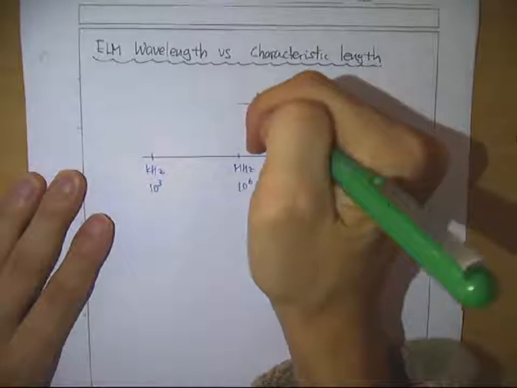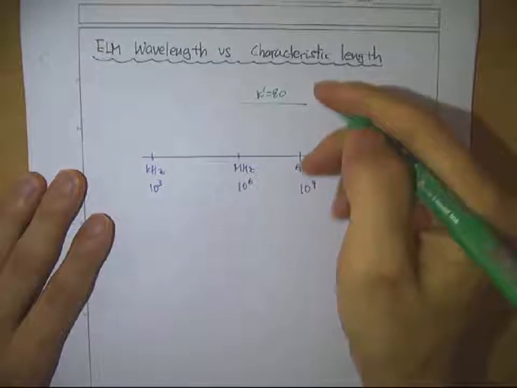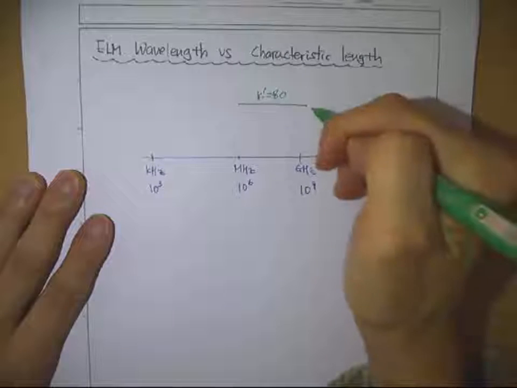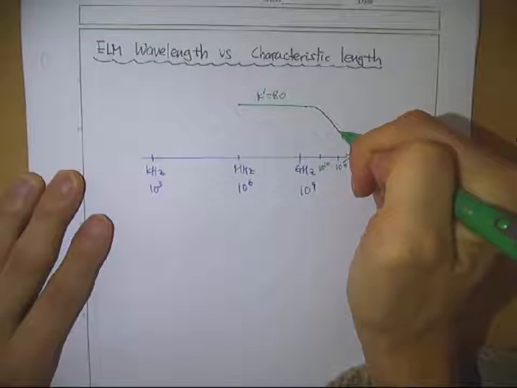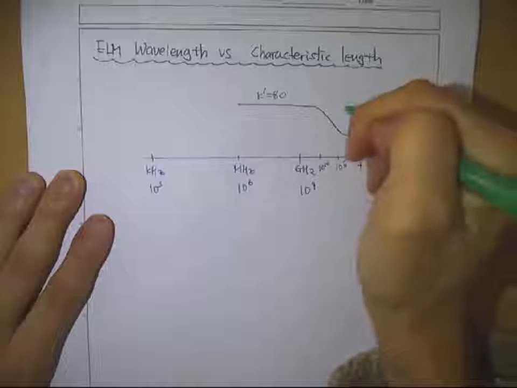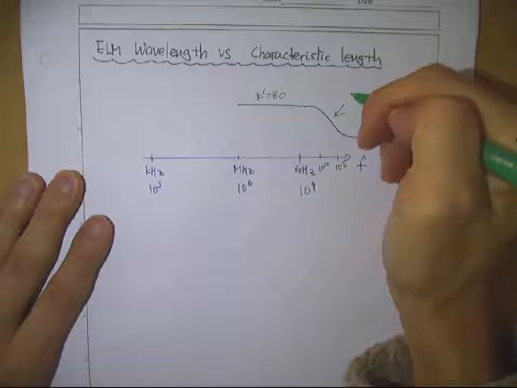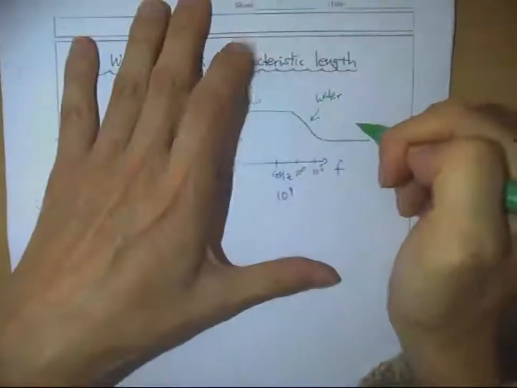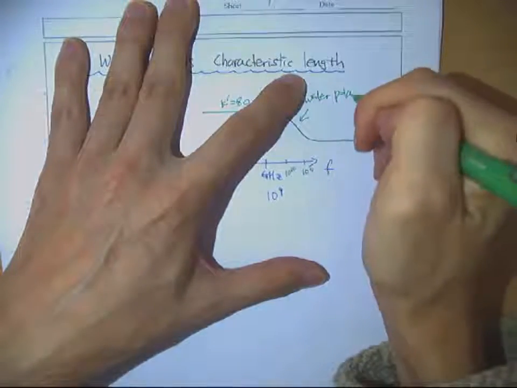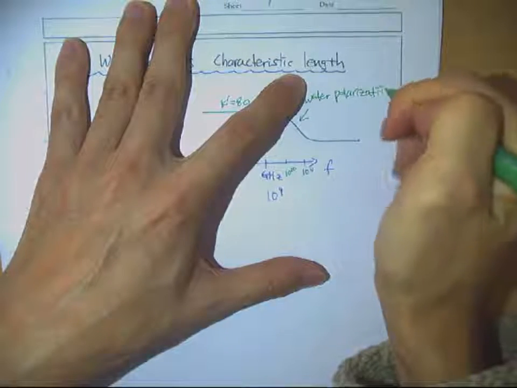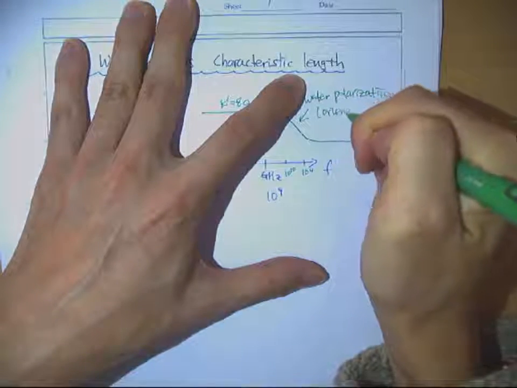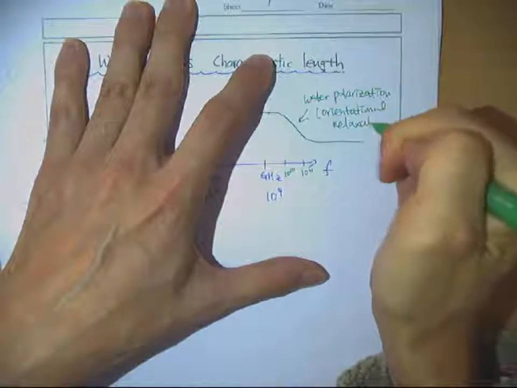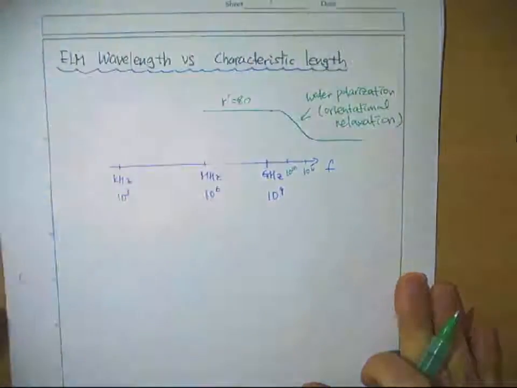The real value permittivity is about 80, and around 10 to the 10 and 10 to the 11, you have relaxation like this, which is because of the orientational relaxation. Water polarization. And orientational relaxation.